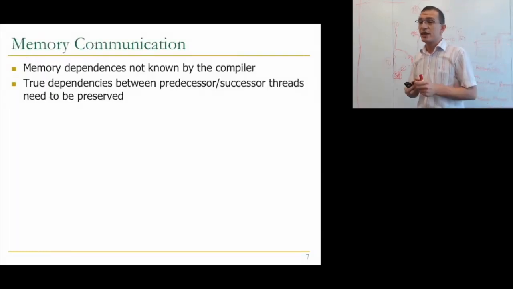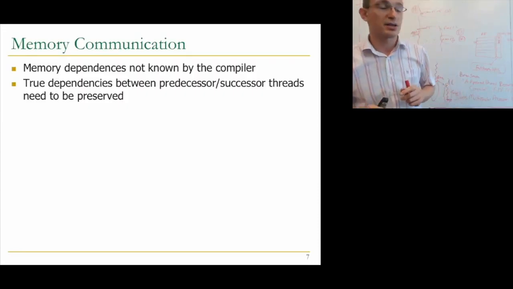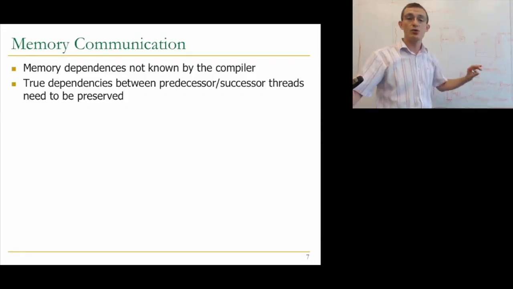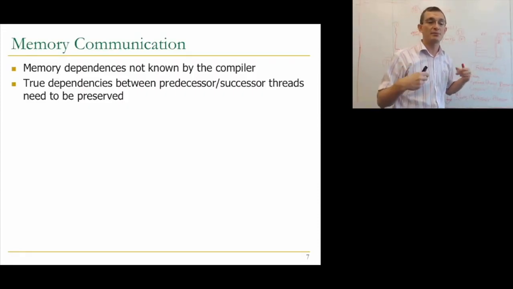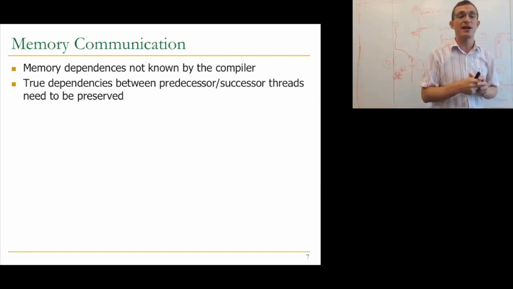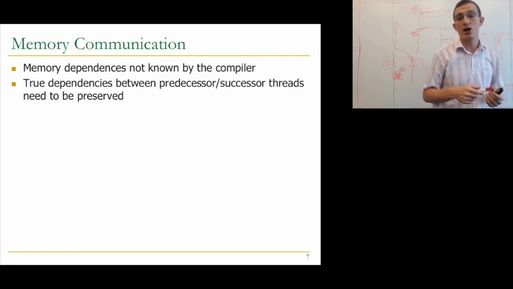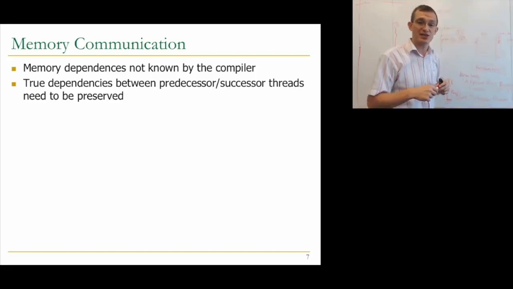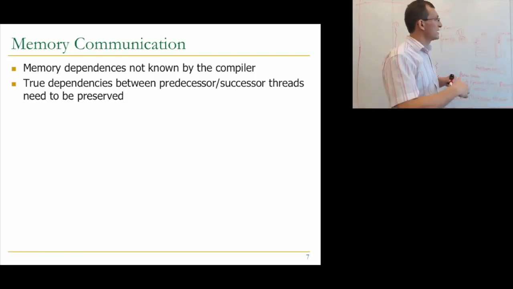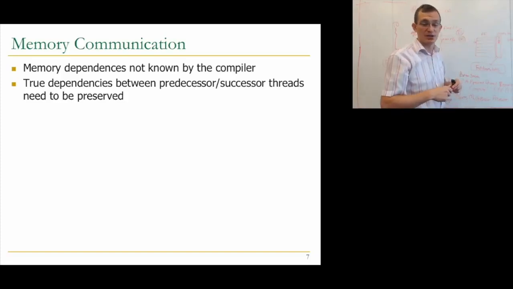Memory communication, on the other hand, is very different from register communication. The compiler has no idea usually about memory dependence. At least the difficult memory dependencies the compiler doesn't know. Why does the compiler not know? Because the compiler doesn't know the memory address of operations, and not everything is statically analyzable because of this, right?